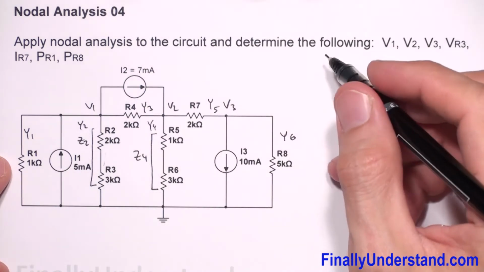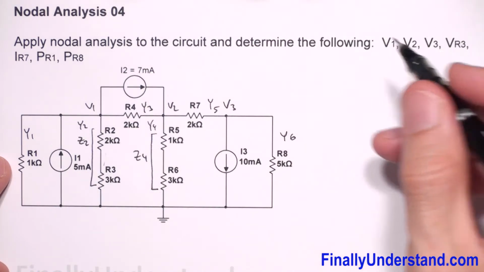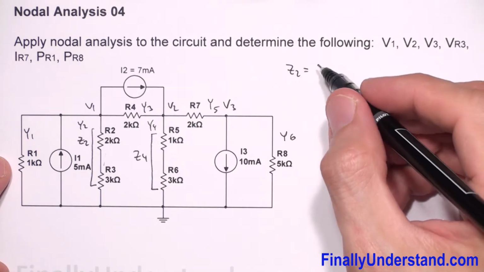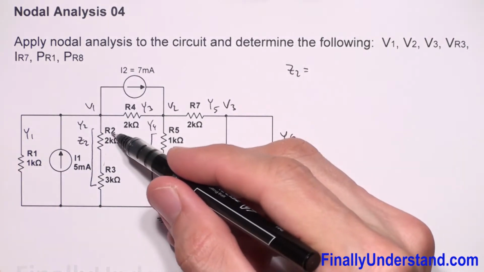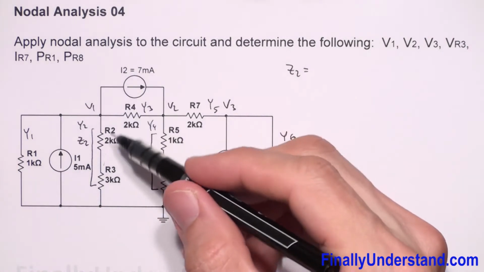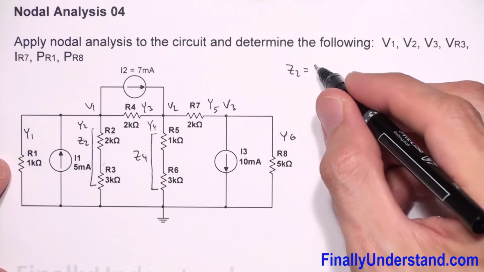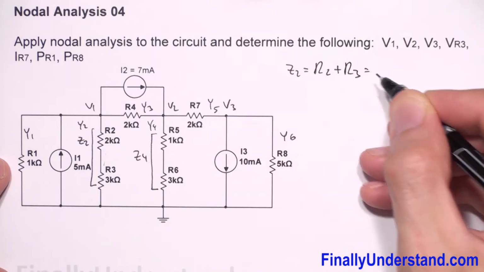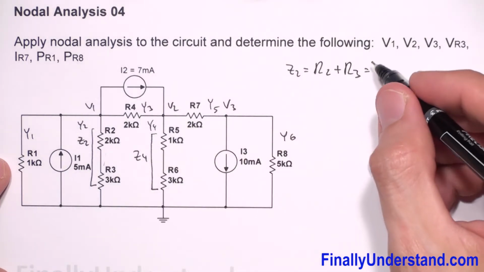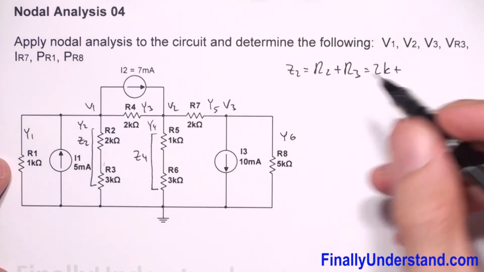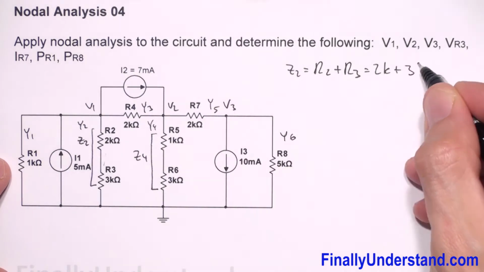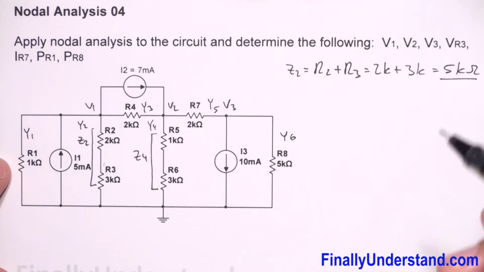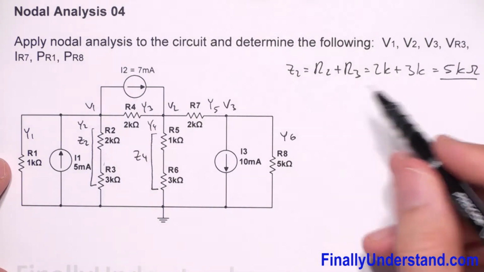Okay, so let's find Z2 and Z4 first. Z2 is equal simply the total impedance or total resistance of these 2 resistors. So I have R2 plus R3, where R2 is equal 2 kilo ohms plus 3 kilo ohms is equal 5 kilo ohms. Okay, remember, you must write the formula first.